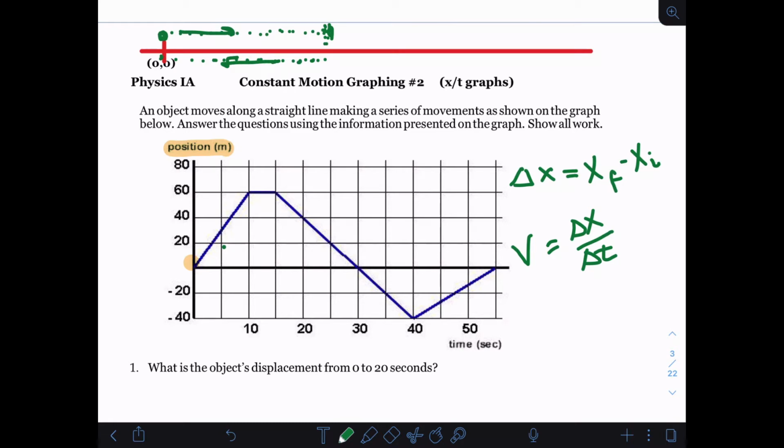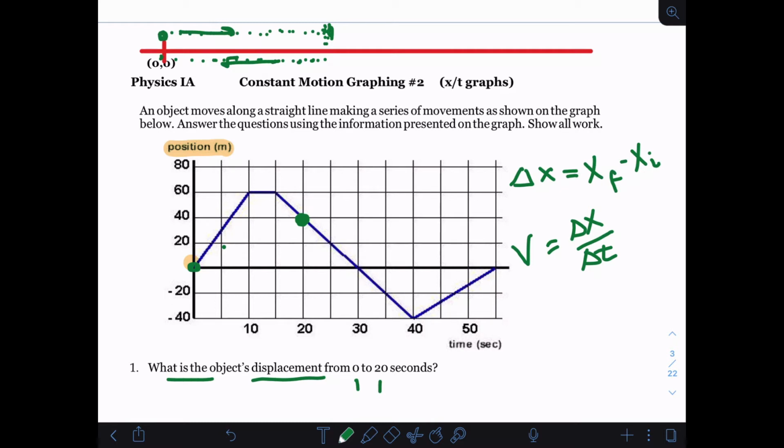If we look at the first question here, what is the object's displacement from 0 to 20? They're asking you, if you look at 20 seconds, how does the position of that object at that point in time compare to its starting position, its initial? The two time markers here give you your initial and final values.